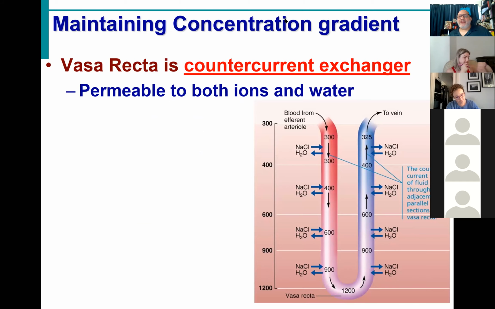Notice, again, we have a countercurrent mechanism. In this case, it's what they call the countercurrent exchanger. We have blood moving in opposite directions to each other. But the big difference between the vasa recta and the loop of Henle is both limbs of the vasa recta are permeable to both water and ions.